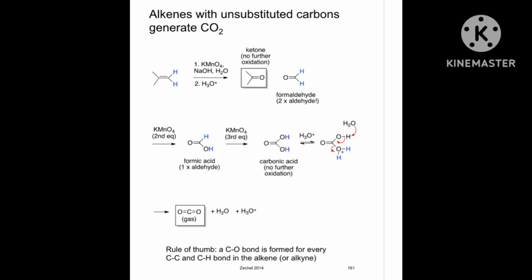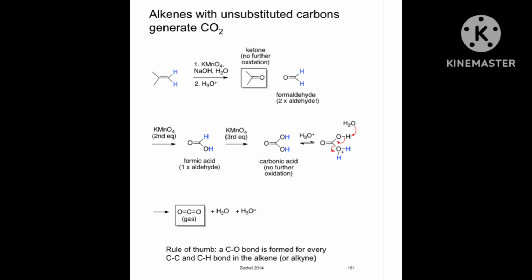Any other groups attached, then it is called a ketone. So alkene converts to ketone in the presence of acidic potassium permanganate or potassium dichromate.